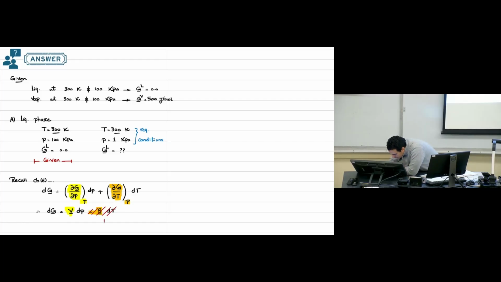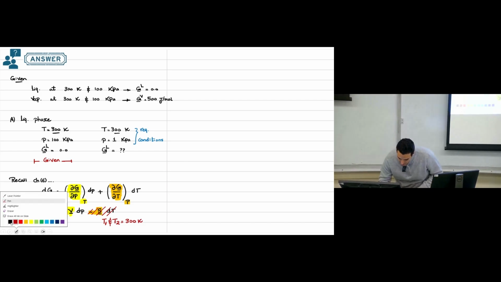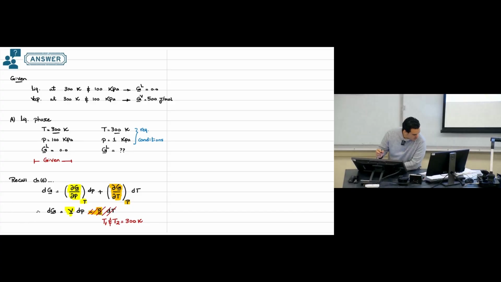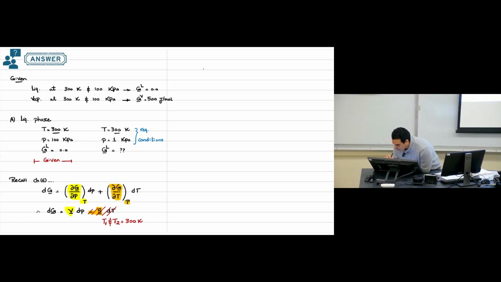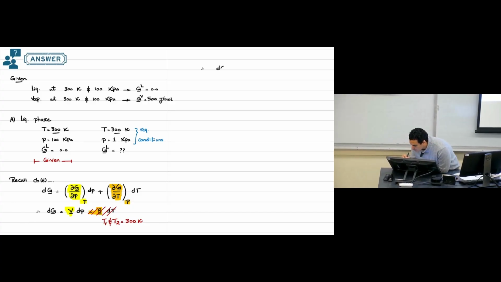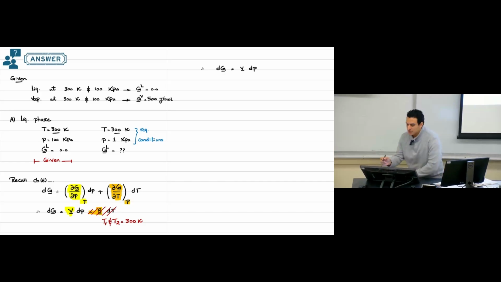Because T1 and T2, both of them equal 300 Kelvin, then dT equals 0. So the change we have in molar Gibbs free energy is VdP. Now we can integrate this equation.